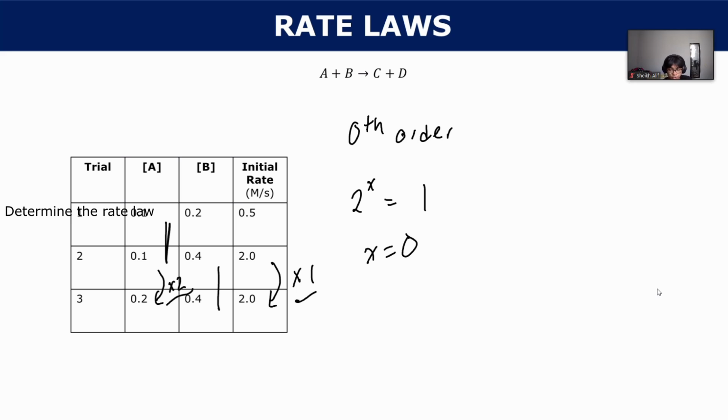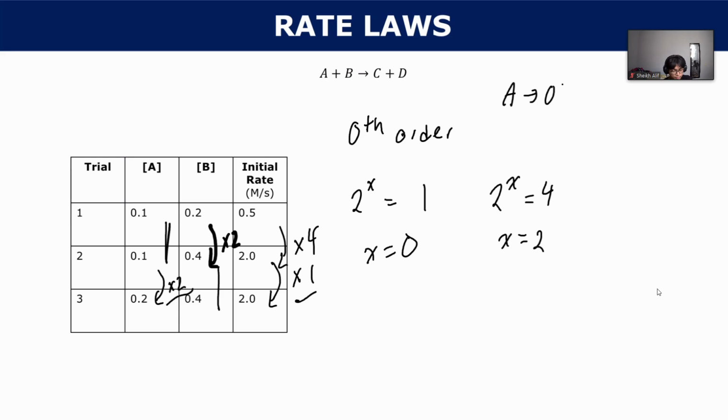So in trial 1 and 2, we keep A the same. On the other hand, for B, we double it. And then for initial rate, you see that it quadruples. So we can set up our equation again. The concentration has doubled, so 2 to the x equals, and the initial rate has quadrupled. So what is x? Well, x is going to be 2. So that means that A is 0th order, while B is going to be second order.